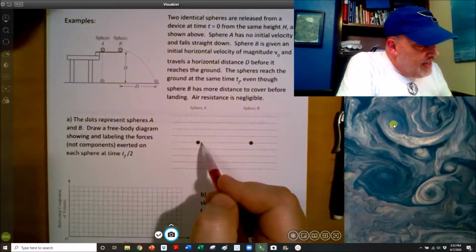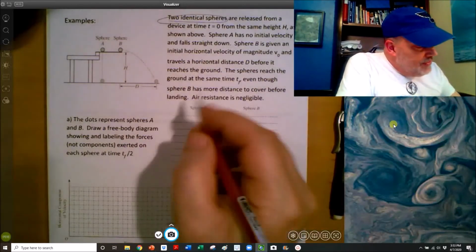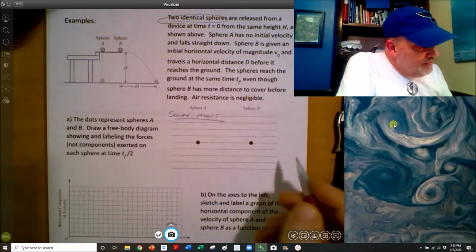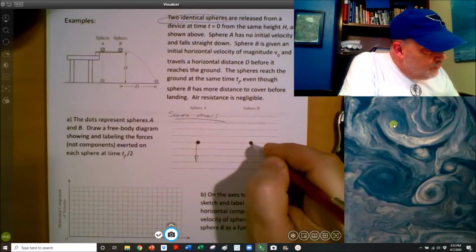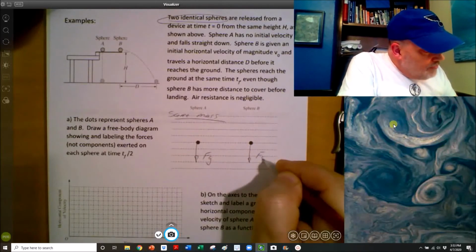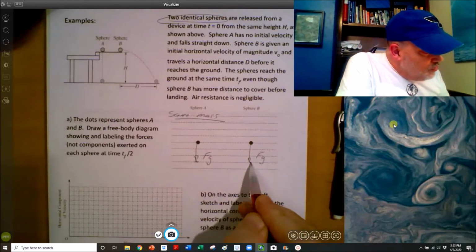Okay, here's sphere A, here's sphere B. They're identical, so they have the same mass. If they have the same mass, then they've got the same gravitational force. And two things to always remember if you have to do this on the AP exam. Always draw these arrows distinctly to one of these dashed lines.